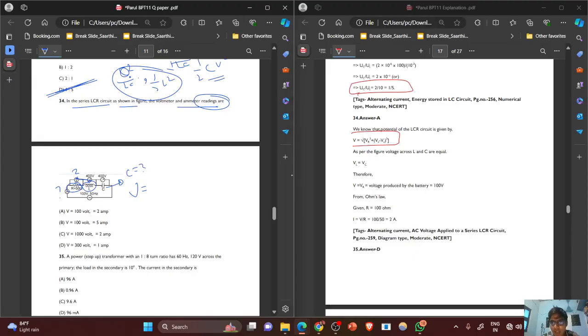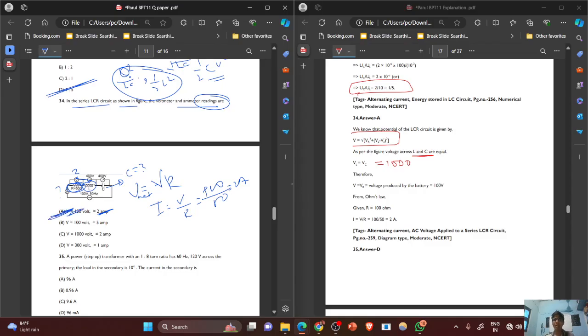As you can see in the solution, L and C are equal, so the reactances are nearly equal, about 1000. Therefore, the net potential will be V R, that is along the resistor, and it behaves as a resistive circuit. Now you can calculate current, which equals V by R. So V equals 100 and R equals 50. It's 2 ohm. So the reading will be 2 ampere, and the voltage will be 100 volts.